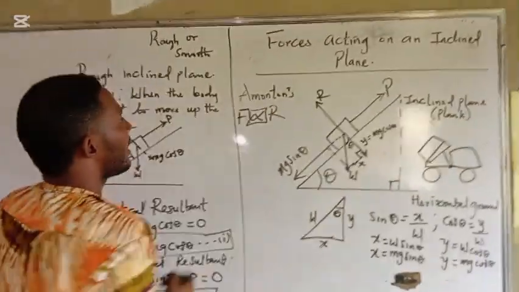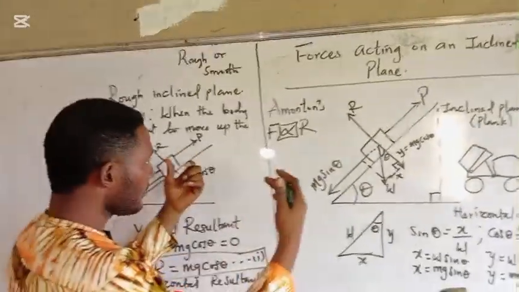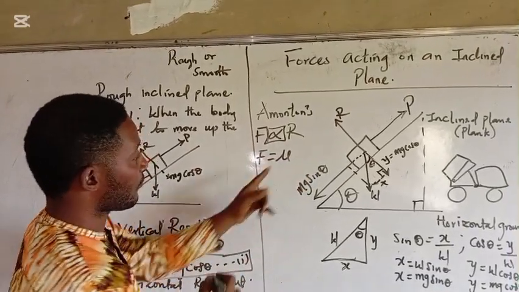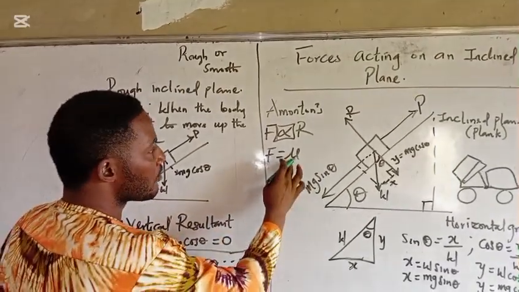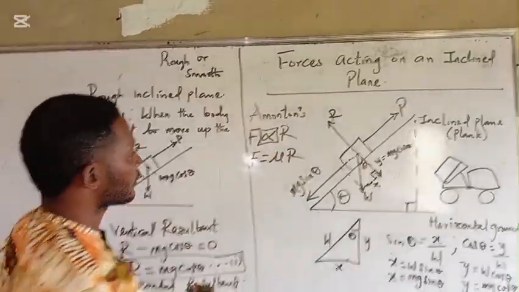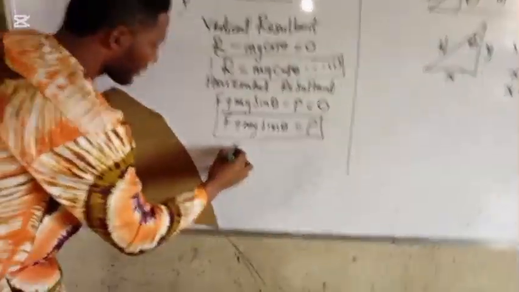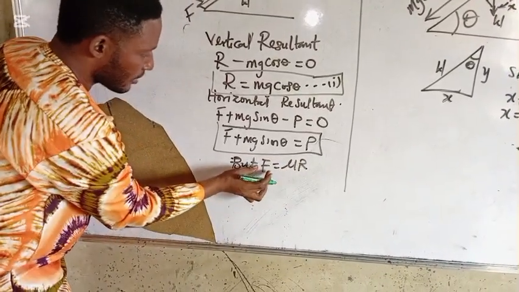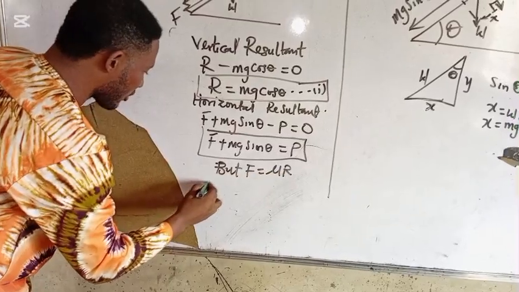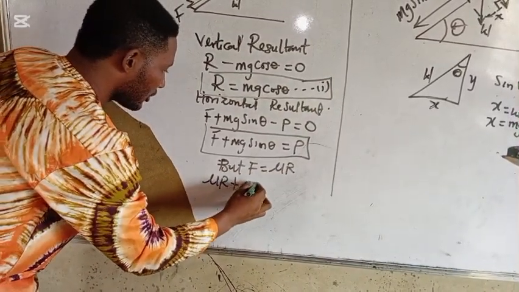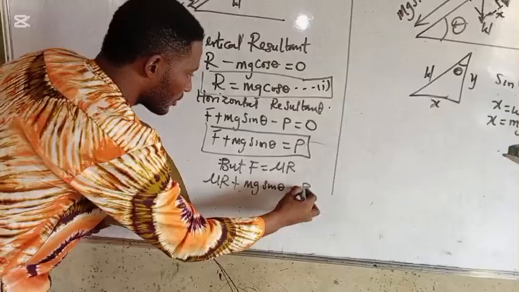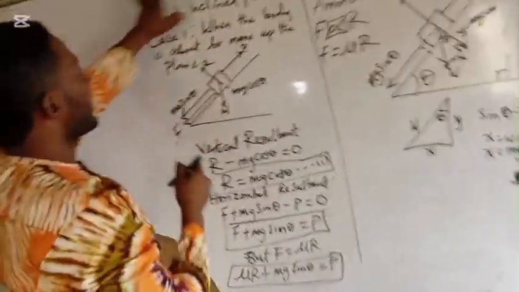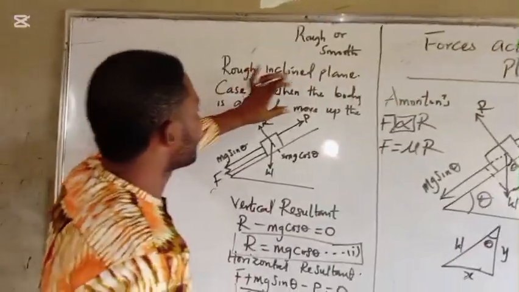Now, replacing this proportionality sign with another expression to form an equation, we are going to have F equals the coefficient of static friction or kinetic friction, which is your mu, times the normal reaction. On that note, we can say that F equals mu R. So if you replace your frictional force with mu R, we're going to have what? Mu R plus mg sine theta equals P. So these are the formulas we need to know when it comes to a rough inclined plane when the body is about to move off the plane.